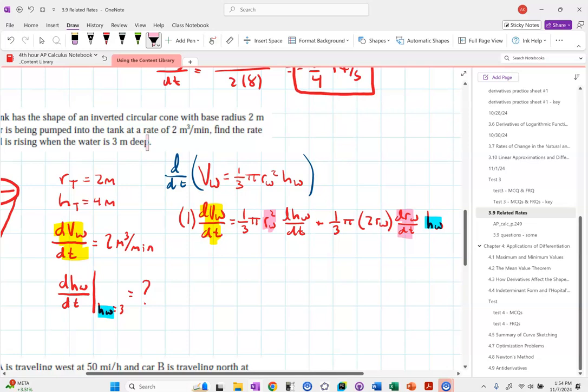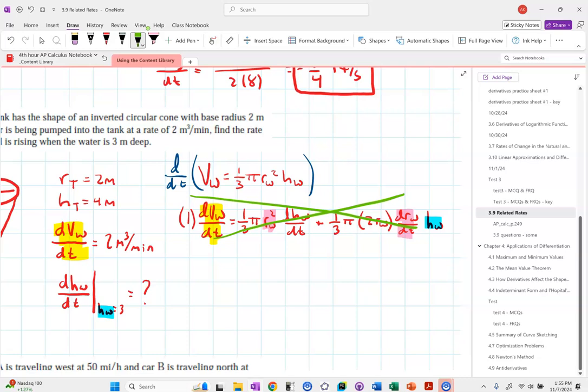We don't know drW/dt. Can we figure it out? Do we know the volume of water at that instant? Because that's what I would need. We're not given that, are we? Guess what? There's no way to solve for these. What we need to do is eliminate that RW in the previous equation and differentiate again. So what we've done here isn't going to work. Okay?